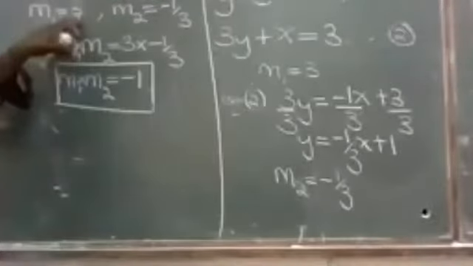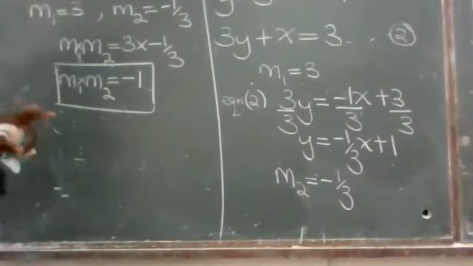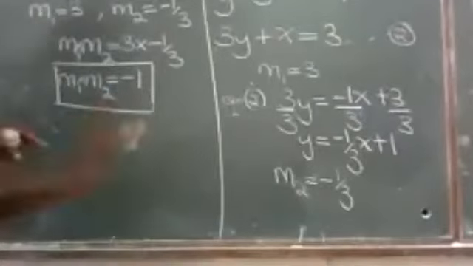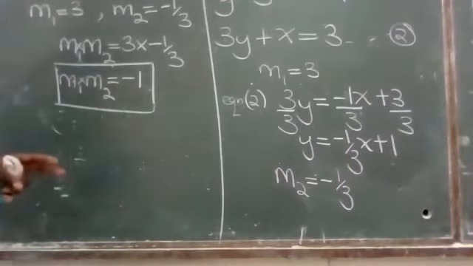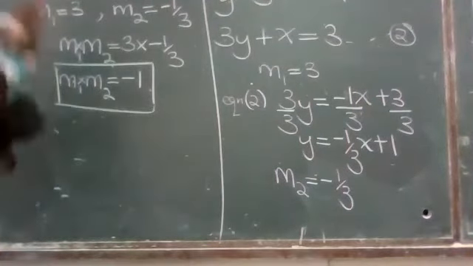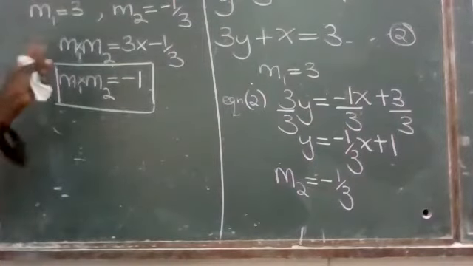I think it will be -1 out of 3. No, the reciprocal. Don't bring in the negative. A third. So now I'm saying for perpendicular lines, if you have one gradient, the gradient of the other line is the negative reciprocal of M1.